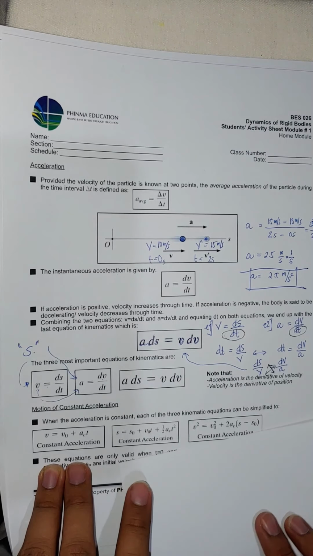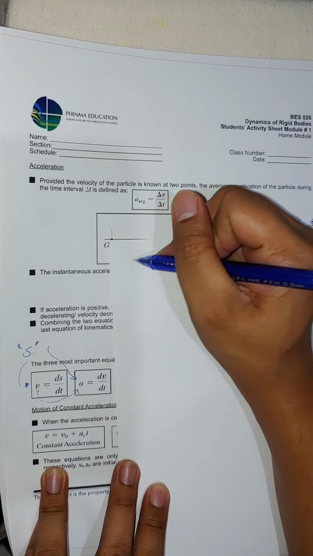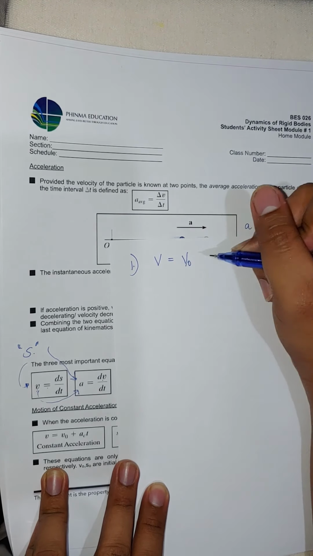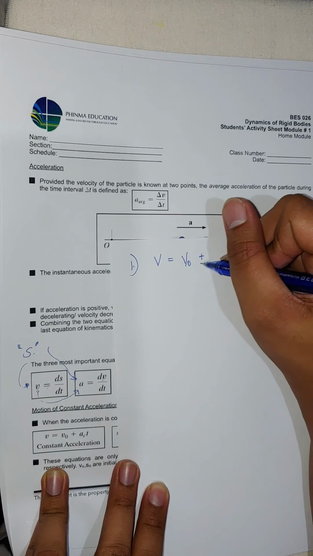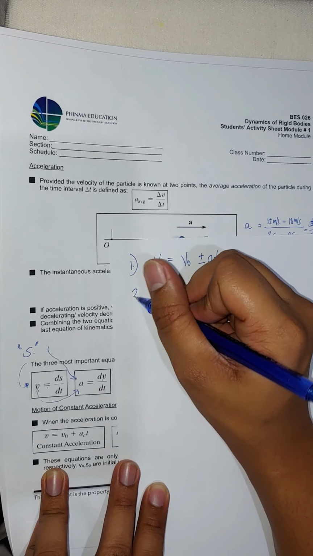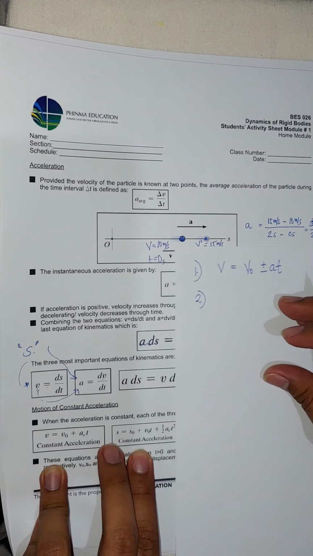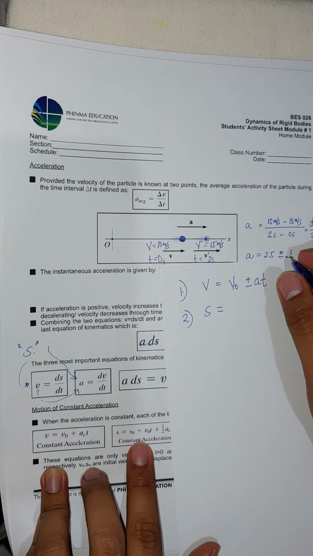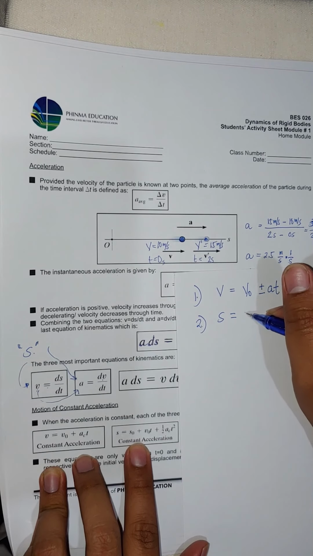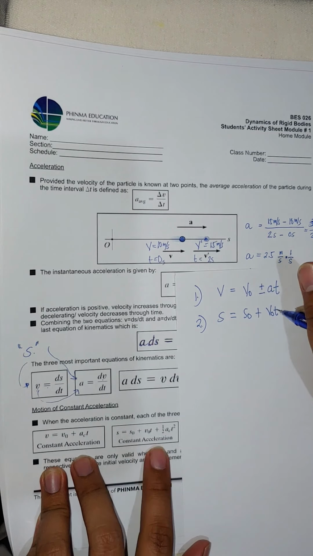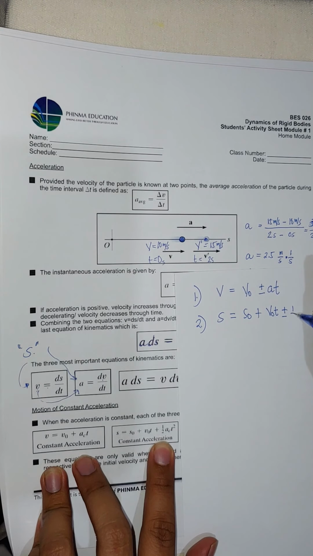So the first equation I will write here: final velocity is equal to the initial velocity, or v naught, plus or minus the acceleration times the time. The second important formula, as shown here, is the position. S, the final position, is equal to the initial position S naught plus the initial velocity v naught times time plus or minus 1/2 acceleration times the square of time.